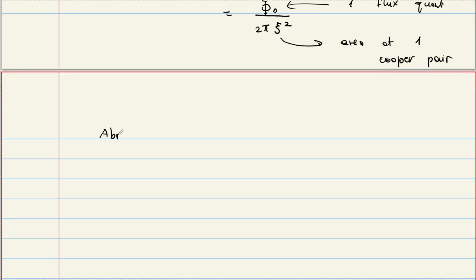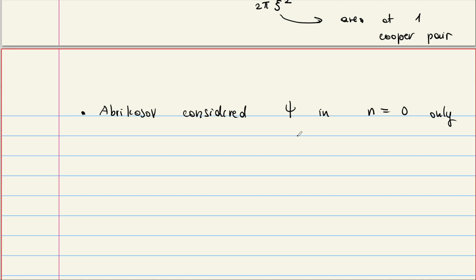Abrikosov considered psi n equal to 0 only. I am saying that in the low energy limit, I only populate the lowest available state, and this is generally called the lowest Landau level.